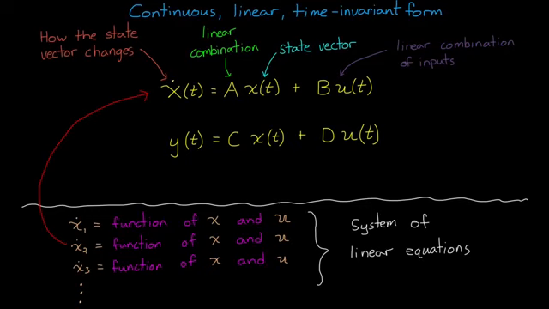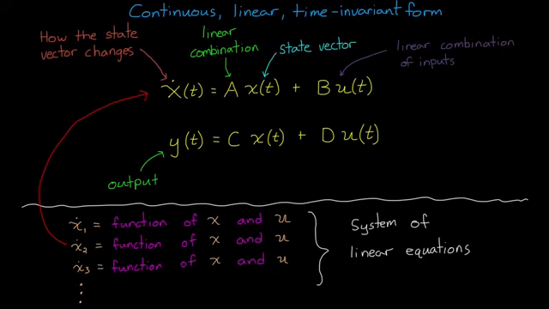The matrix form of the state equation has two matrices, A and B. The A matrix describes how the internal states are all connected to each other, the underlying dynamics of the system. And the B matrix describes how the inputs enter into the system, which states are they affecting. Now let's look at the output equation.